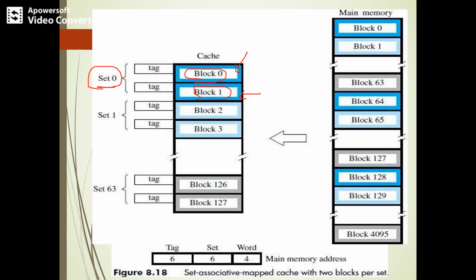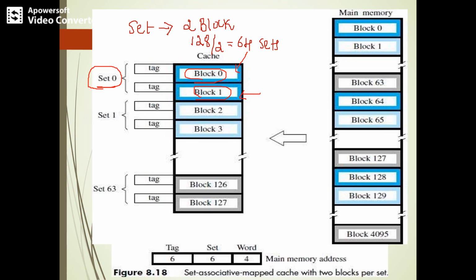So we know that each set consists of two blocks, and in total we have 128 blocks within the cache. So therefore 128 by 2 is equal to 64 sets, that is set 0 to set 63.